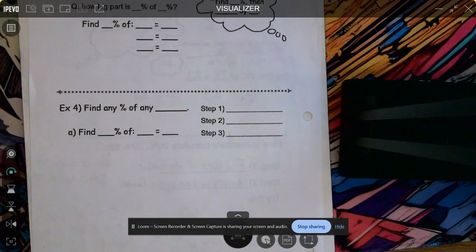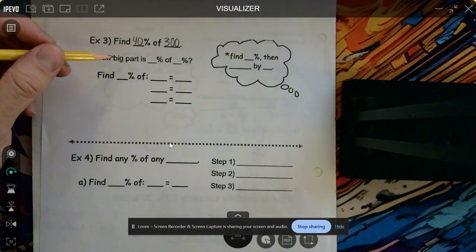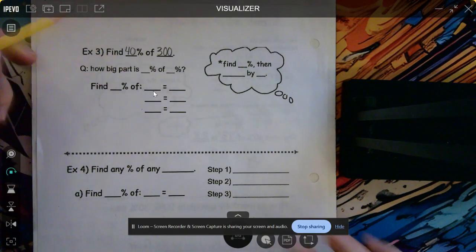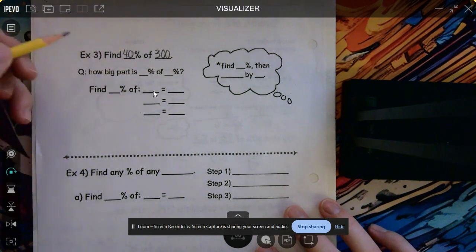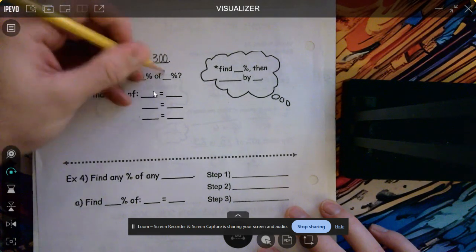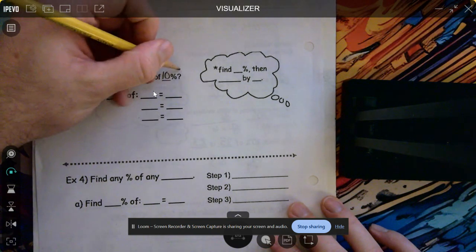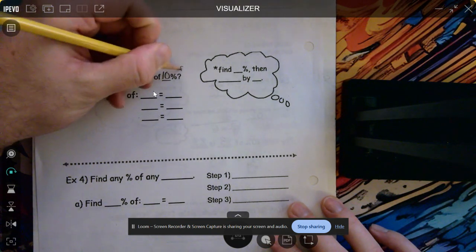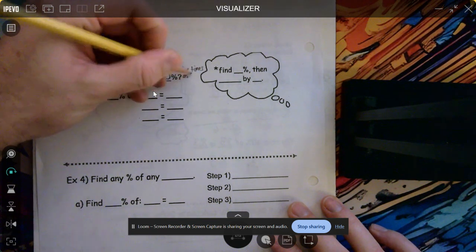All right, so on the back side here, we want to find out what 40% of 300 is. So we need to think about, how does 40% compare to 10%? So 40% to 10%. What's the relationship? 40% is 4 times as big.